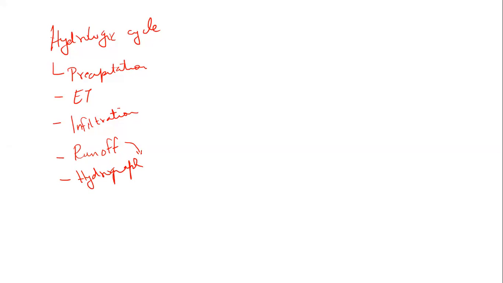By response I mean runoff, the response of the watershed to input in the form of precipitation. If I know the unit response, I can estimate the response for any other event. So that was the idea of the hydrograph.